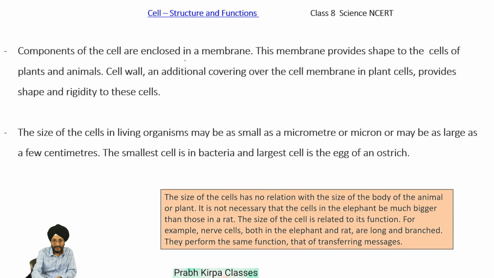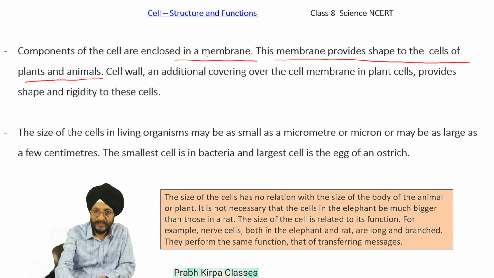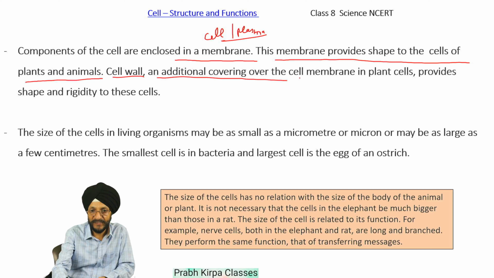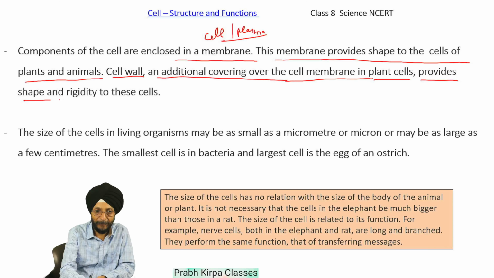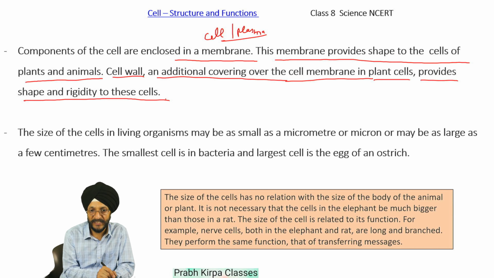Components of the cell are enclosed in a membrane. This membrane provides shape to the cells of plants and animals. As you know, we are talking about the cell membrane or plasma membrane. Cell wall, an additional covering over the cell membrane in plant cells, provides shape and rigidity to these cells.